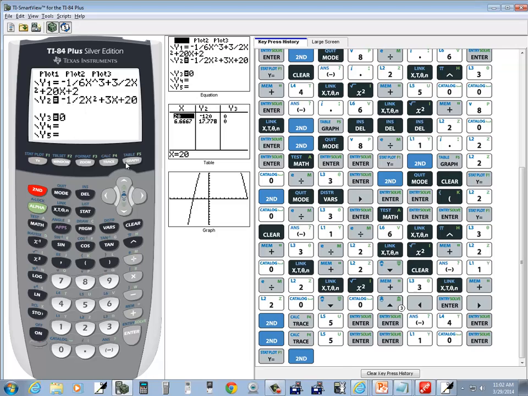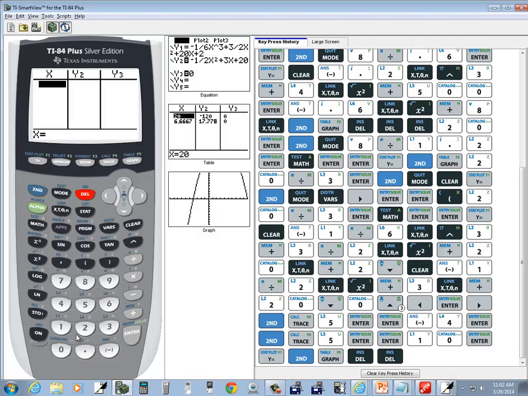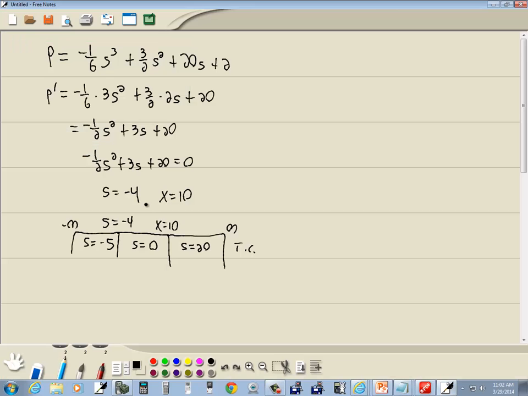So if I do second graph and delete those, we put in 0 and 20. And y2 is our first derivative, so we got a positive and negative. Positive increasing, negative decreasing. So it is indeed a maximum.